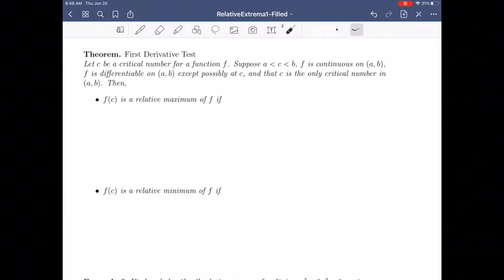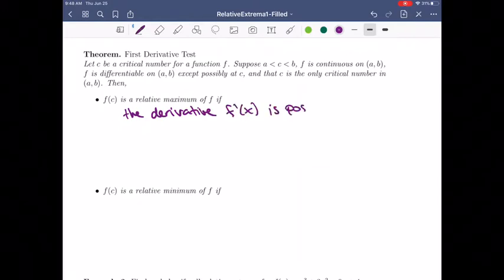If c is a critical number for a function f, and we have c surrounded in some interval where f is continuous and differentiable, except maybe at c, and c has to be the only critical number in that interval, then we would say that f of c, the y value, is a relative maximum of f if the derivative f prime of x is positive on the interval from a to c, to the left of c, and negative on the interval from c to b.